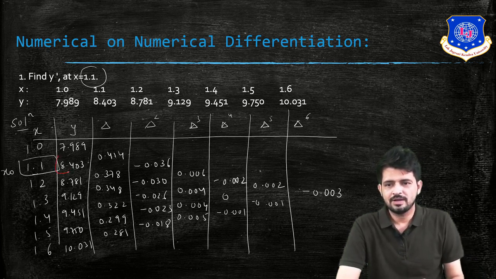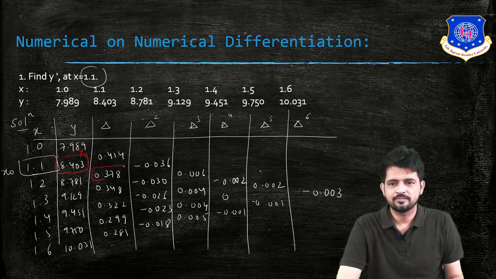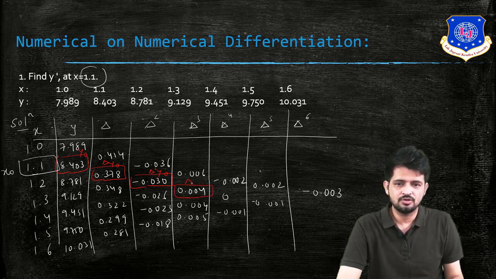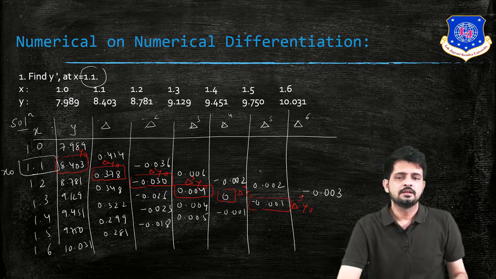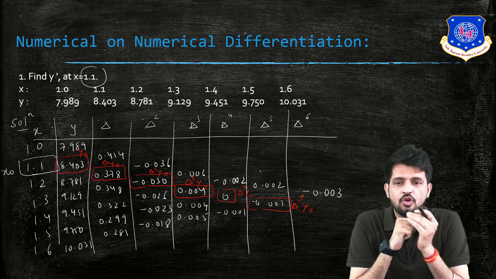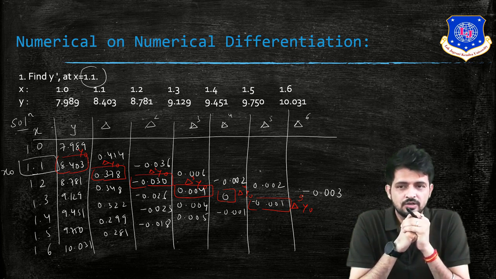So this will be my y0. We have to take the second value, right? This will be my del y0, del square y0. You have to take the second value of the table. Del cube y0, then del raised to 4 y0 and del raised to 5 y0. And then you have to place all of these values in the formula to find the answer.